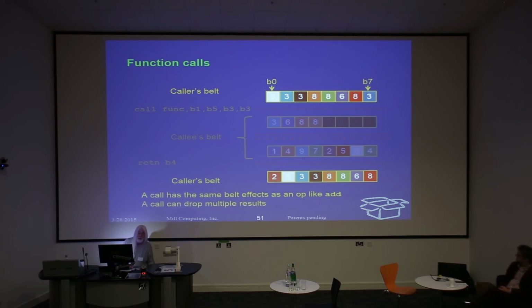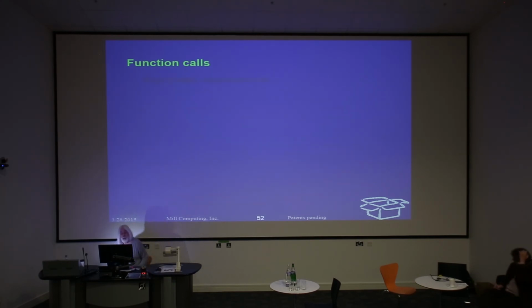That is fine, except for the fact that the call operation can drop multiple results. They're not restricted to just one. You can drop 6 if you want. There are quite a few languages which really like that capability, C not among them.